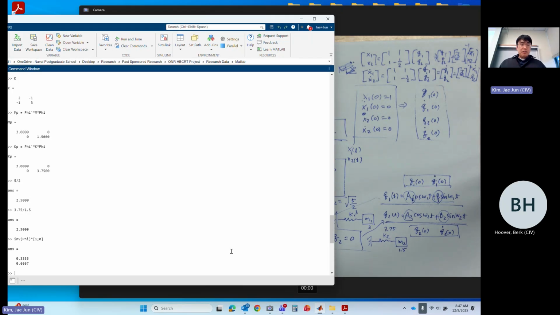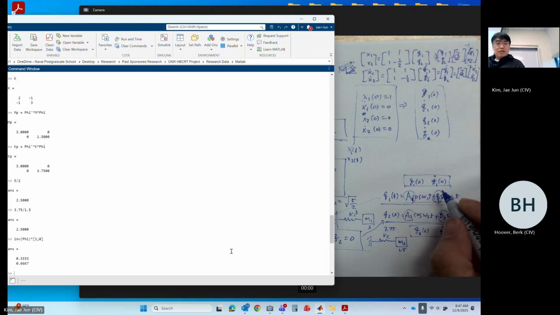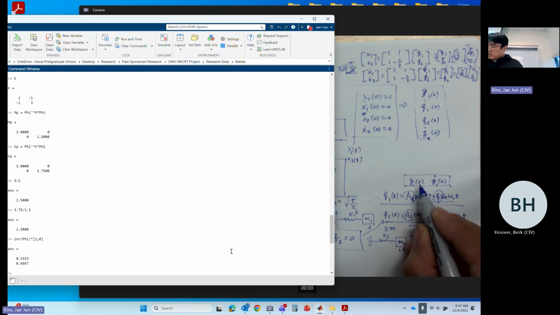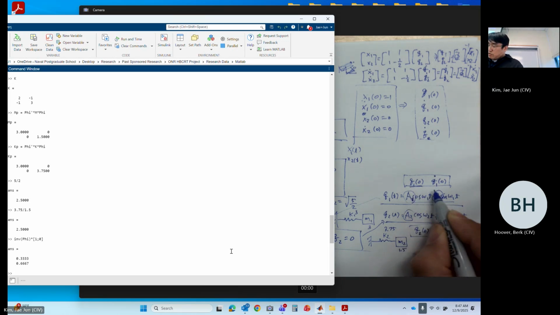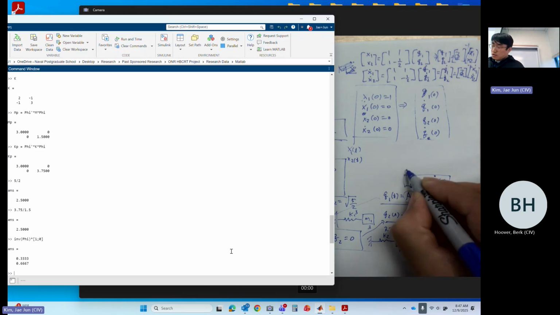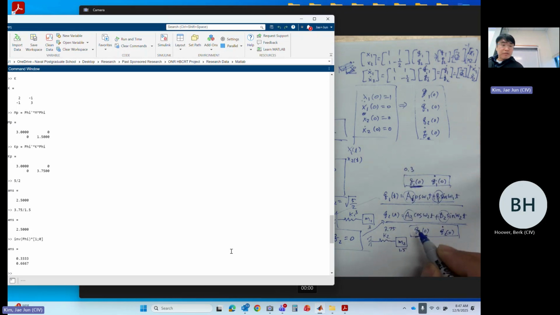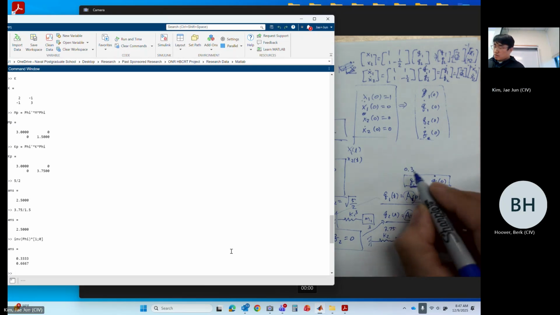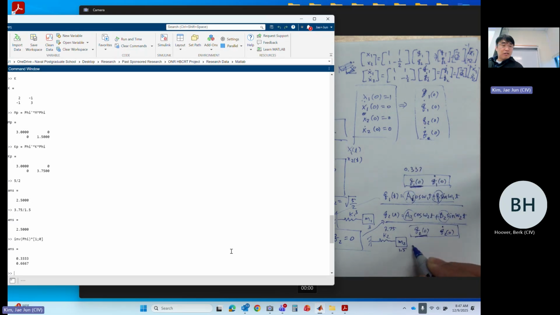So it gives me my initial conditions q1(0) and q2(0) as 0.333 and then 0.6667.